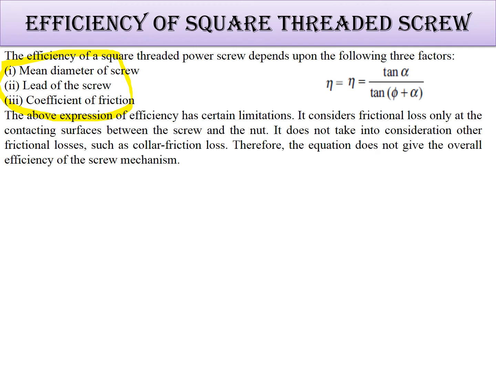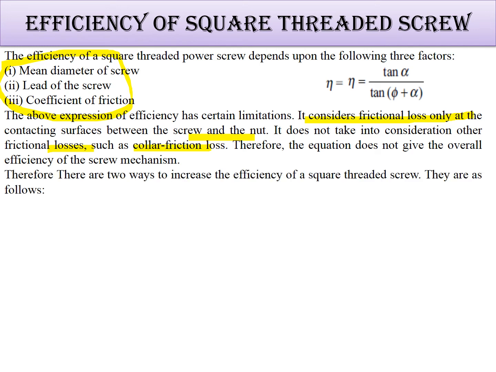So this expression gives only the efficiency, but it has some limitations, that it doesn't consider any friction losses, okay, between the screw and the nut. So it does not take into consideration other friction losses also, such as collar friction loss and all this thing. So it is not a proper equation to find out the overall efficiency of the screw.